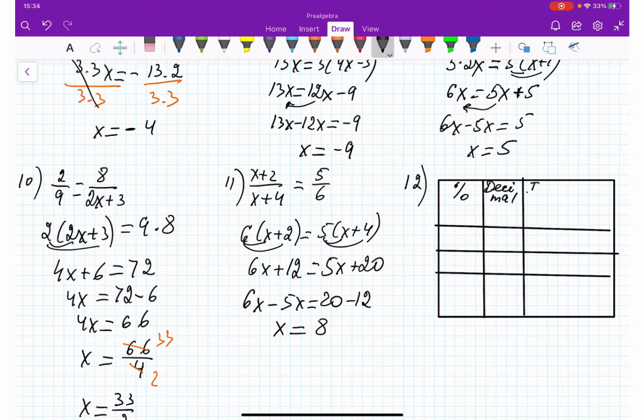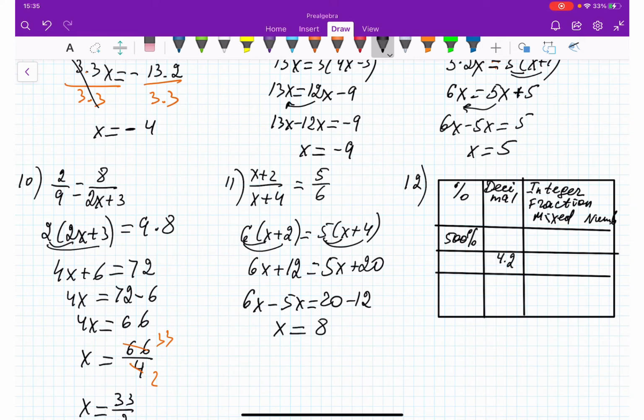Integer, fraction, mixed number. Okay. So we are given 500%. We are given 4.2 decimal.